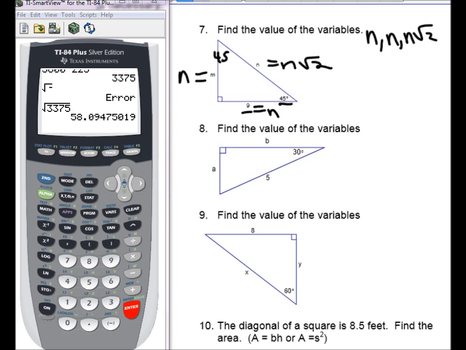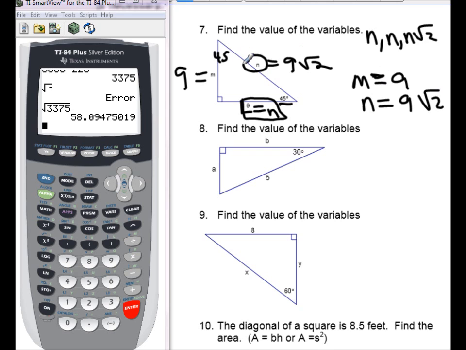First we have to figure out if we have n, which we do. They clearly tell us that n equals 9. So now everywhere we see an n, we're going to replace it with a 9. So my variables m is 9 and n is 9 square root of 2. N on this side is 9 square root of 2, not to be confused with the original n that we found.